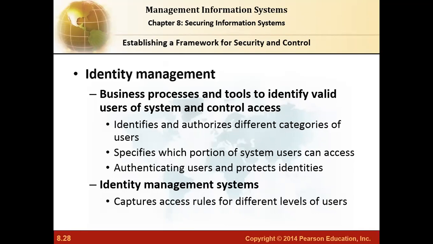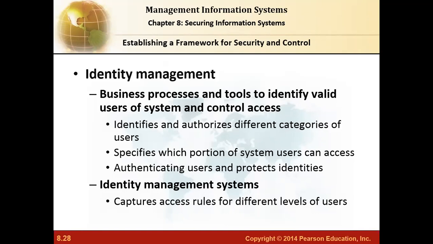And obviously once you are identified, the portion of the system where you are responsible will be provided to you. So you get that access. Authentication: authenticating users and protecting identities. The identity management system authenticates you, and not only authenticates you but protects your identity and will not share your identity details with others. Okay, so that has to be kept secret, and it authenticates the user so that the user can perform the task.